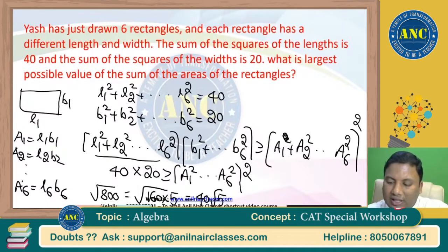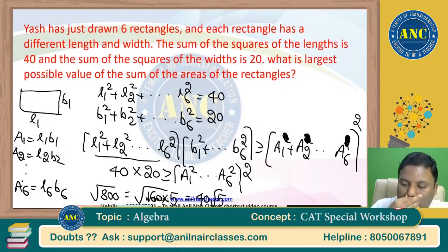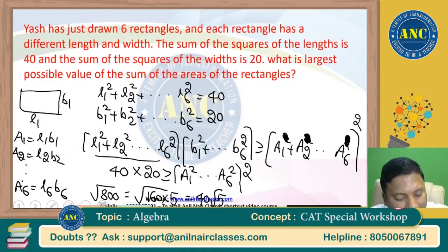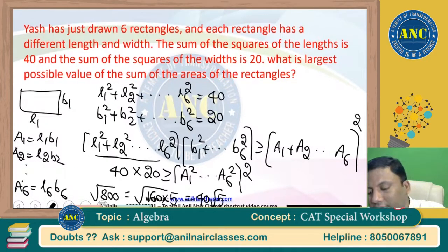So these are nothing but A1, A2 and so on up to A6. I made a mistake. Instead of writing whole square, I wrote it as A1 square. So L1, B1 is A1, L2, B2 is A2, L6, B6 is A6, A1 plus A2 and so on up to A6. Now let me erase these whole square. I hope the idea is clear.